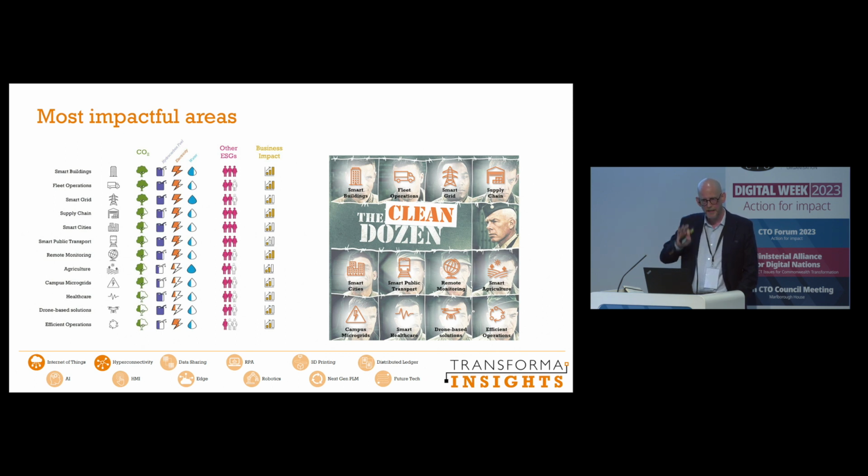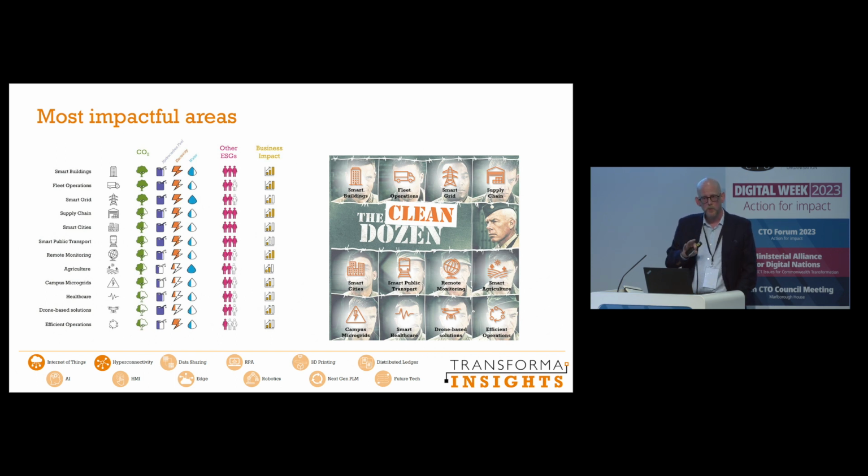These are the technology areas that will help to reduce CO2 emissions, reduce energy consumption, reduce water consumption, and therefore help with driving environmental benefits. Top of the pile of those relates to smart buildings. So things like having more efficient and effective heating, ventilation, and air conditioning systems, more effective lighting systems. I'll talk about those in a moment.